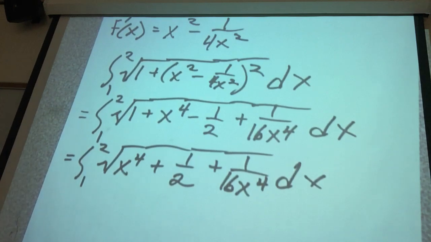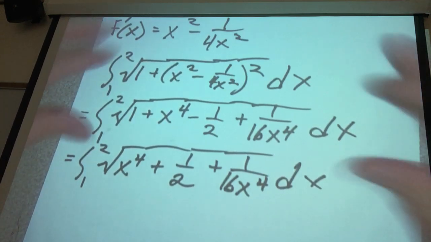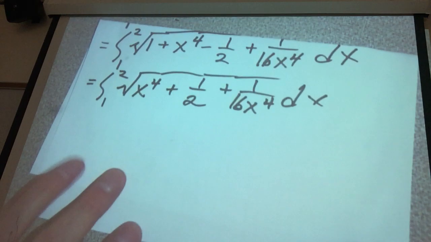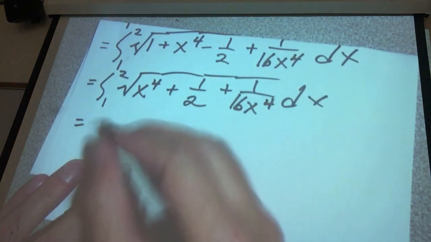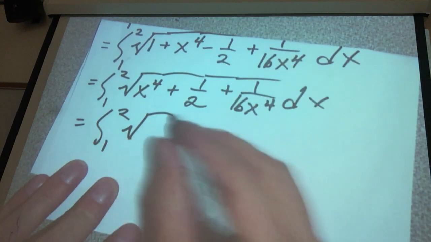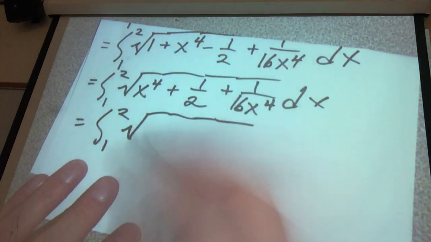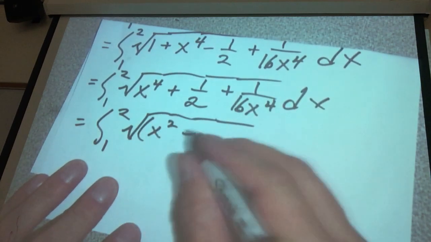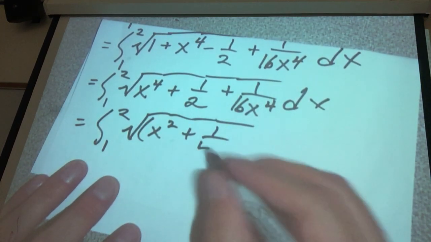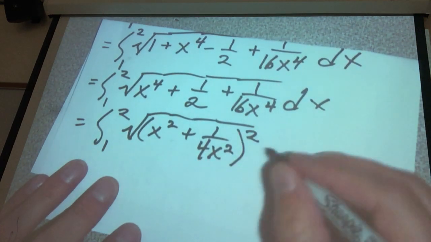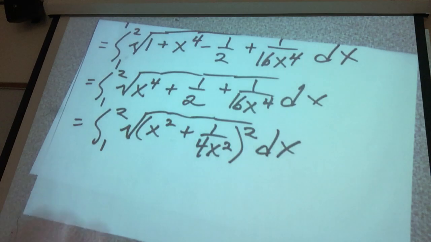So this will equal the integral from 1 to 2 of the square root of x squared plus 1 divided by 4x squared squared, an integral with respect to x.